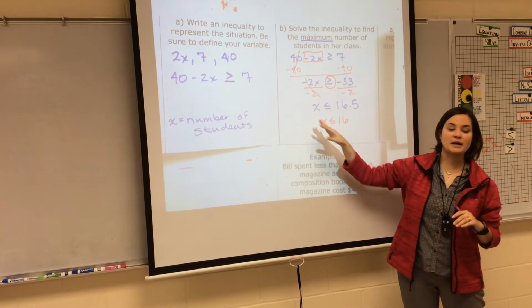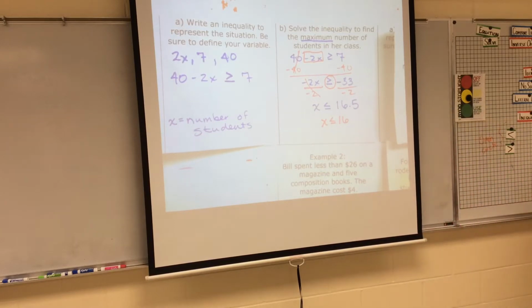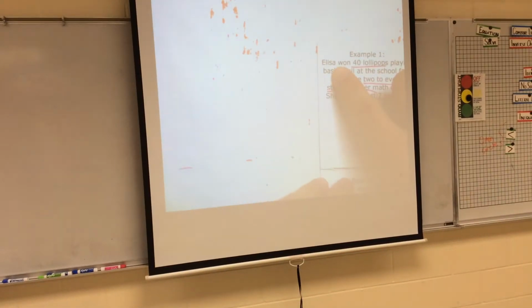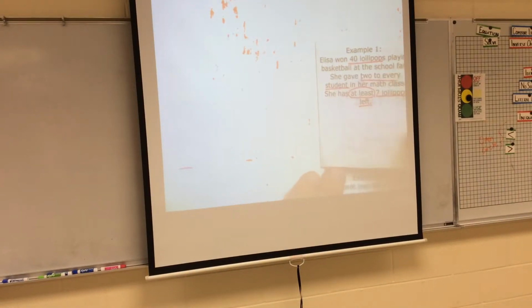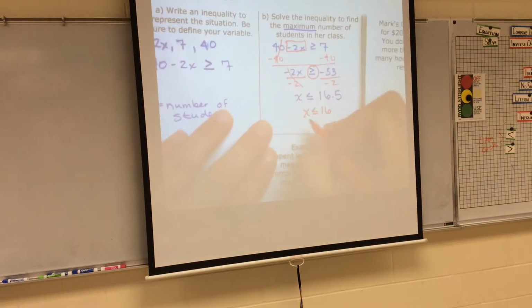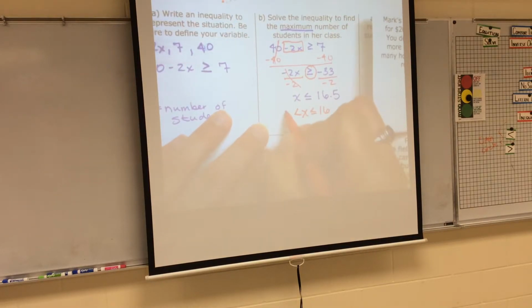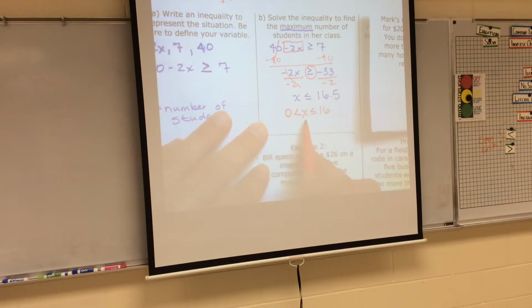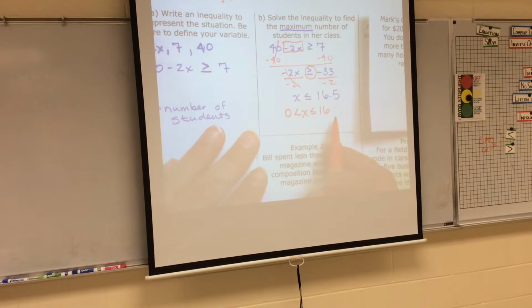So x has to be greater than what? X has to be greater than what? 0. We have to have at least 1. We know we have at least 1 student, right? Elisa? Right? So I'm going to say, so 0 is less than the number of students, is less than or equal to 16.